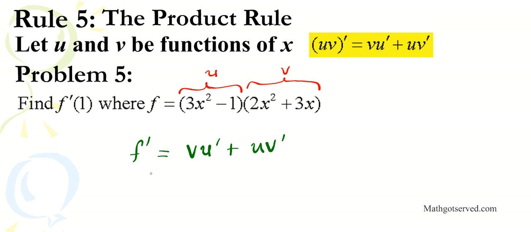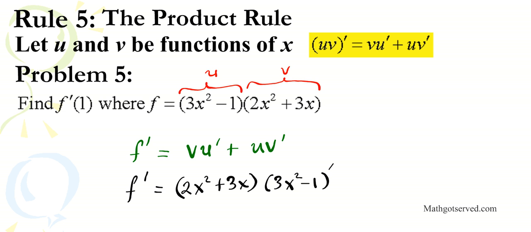So if I apply that to this function we have, V is 2x squared plus 3x, that's V. And then U prime is going to be (3x squared minus 1) prime. Okay, plus U, which is 3x squared minus 1, and V prime, which is (2x squared plus 3x) prime.